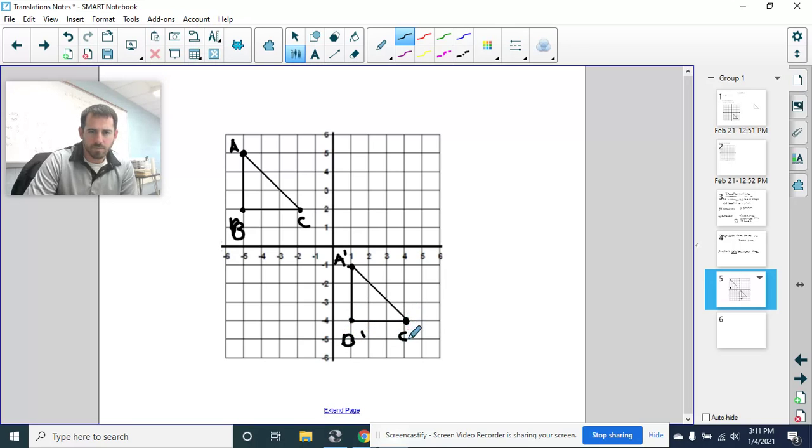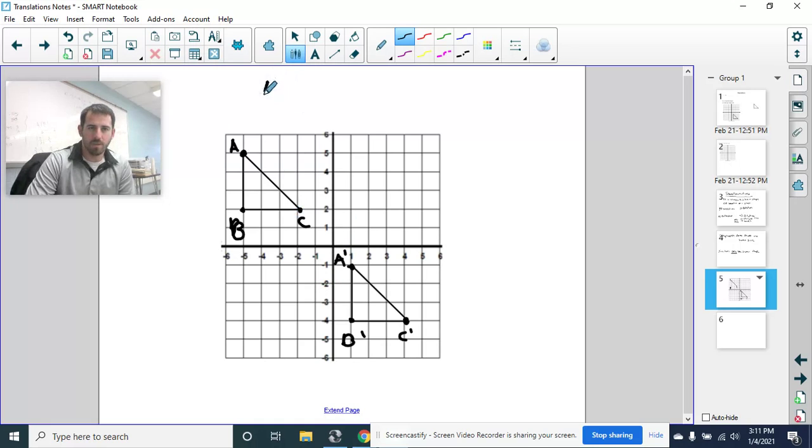Now it could be any points. It could be an M, an L, an N, a T, an S, whatever it is. In this case, just A, B, and C. Now, if it's not labeled A to A prime, and it's labeled like A to D or something like that, it will be labeled at the top.